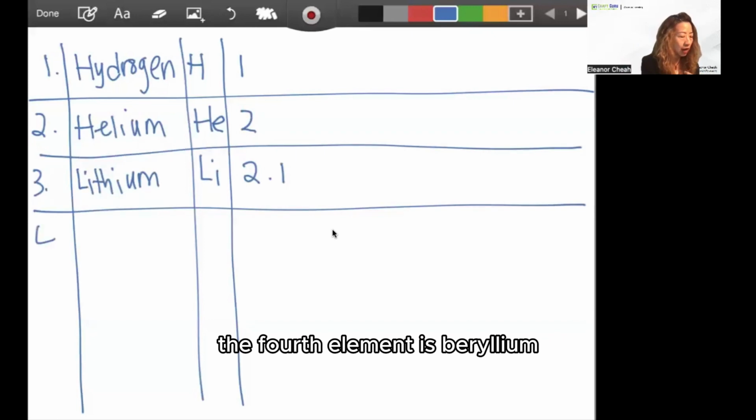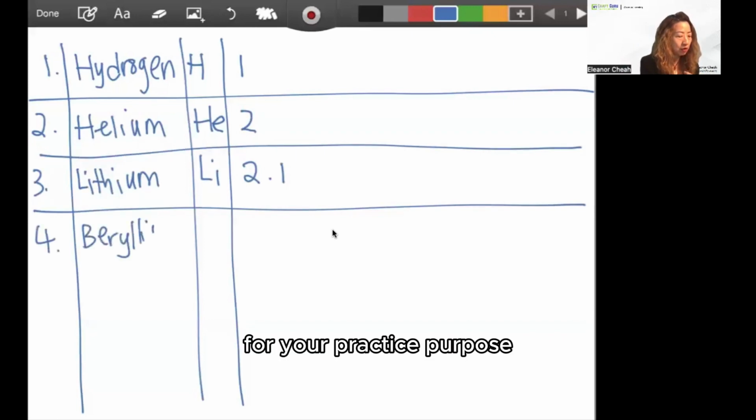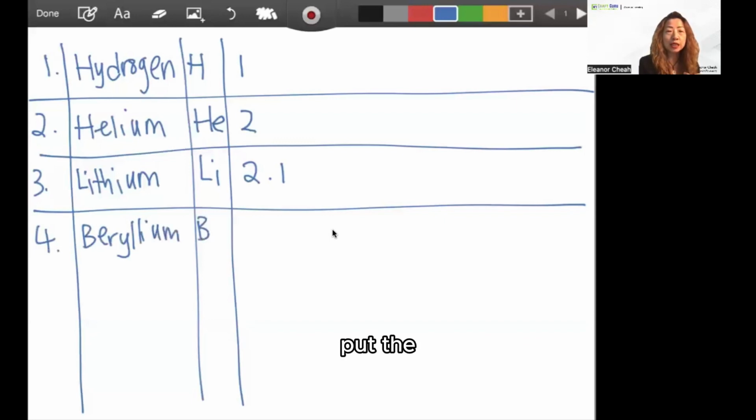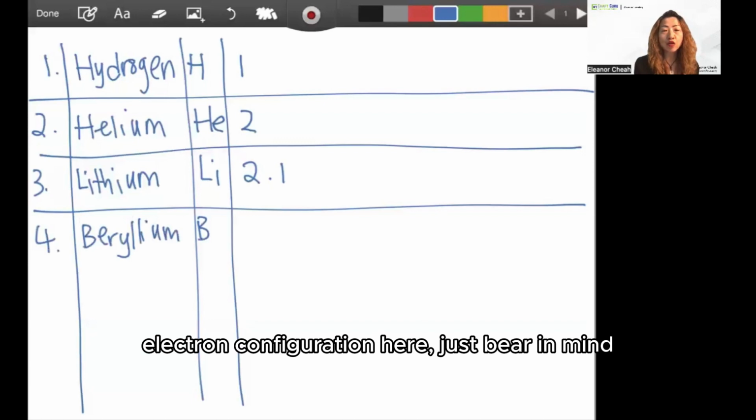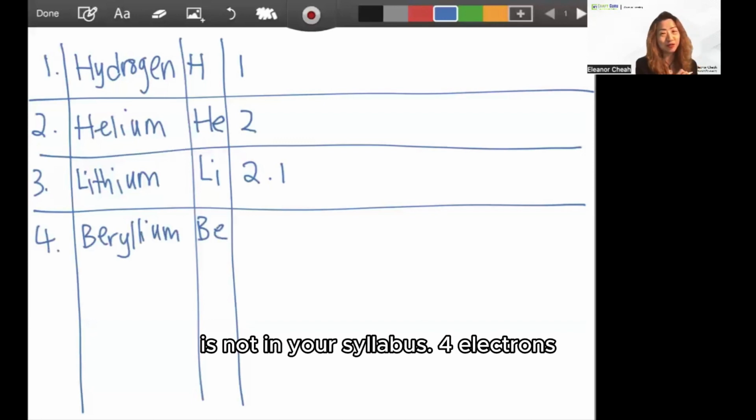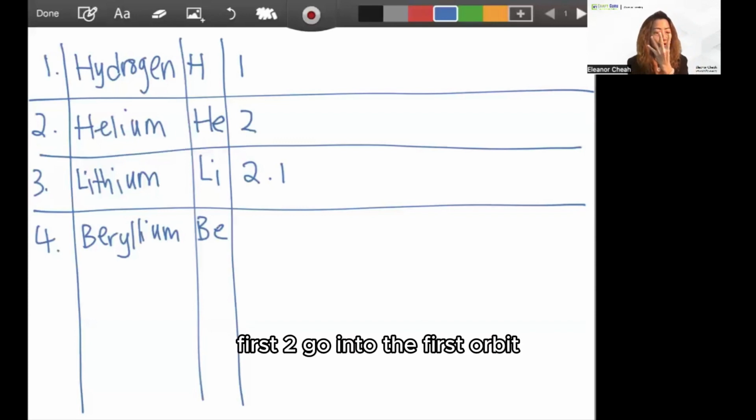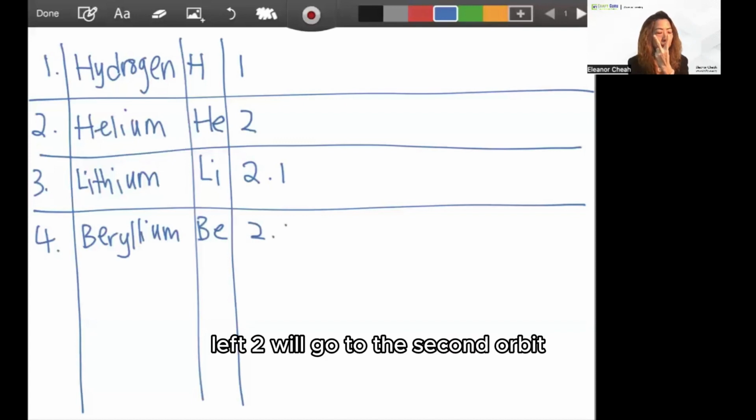The fourth element is beryllium. For your practice, we will put the electron configuration here. Just bear in mind it's not in your syllabus. So 4 electrons, the first 2 go into the first orbit, the left 2 will go to the second orbit.